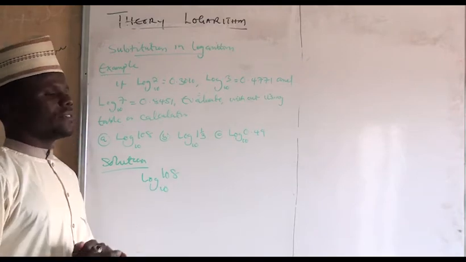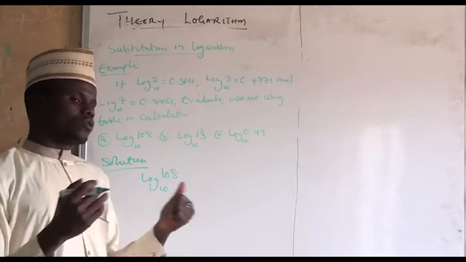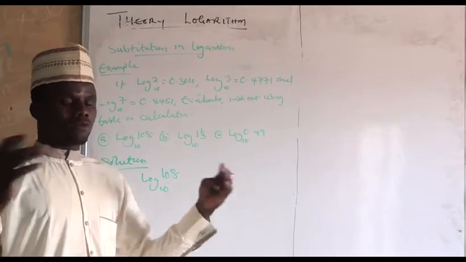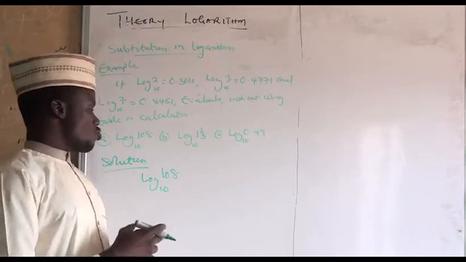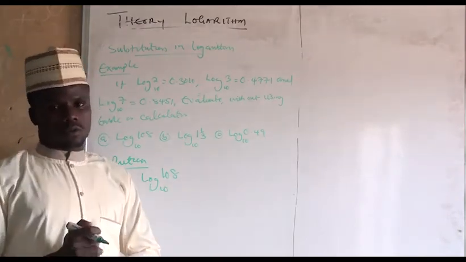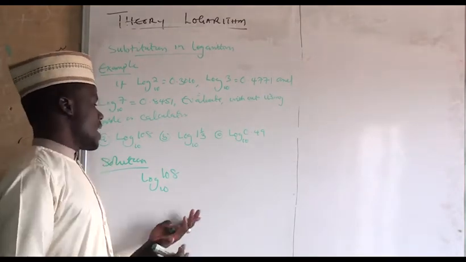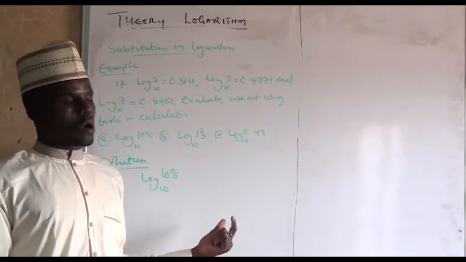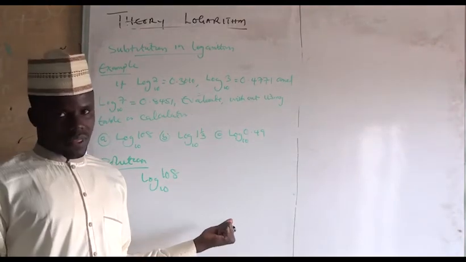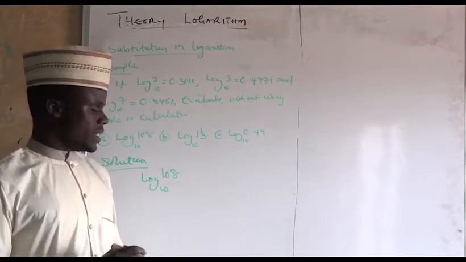Log 108 base 10 is the same thing as to say 9 times 12. 9 times 12 will give us 108. Or if we like, we can say 27 times 4 is also 108. So any one that we take, it will satisfy the equation.